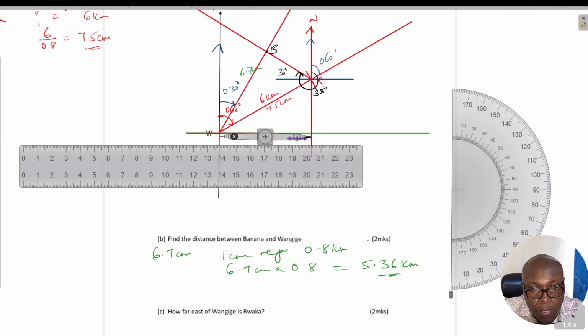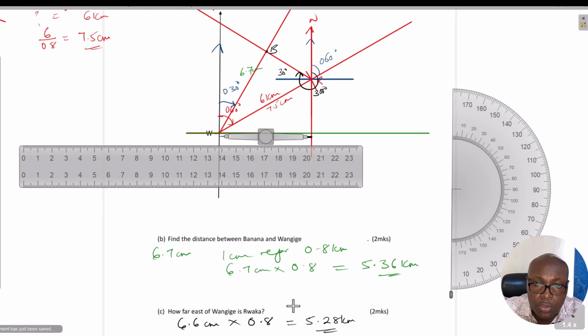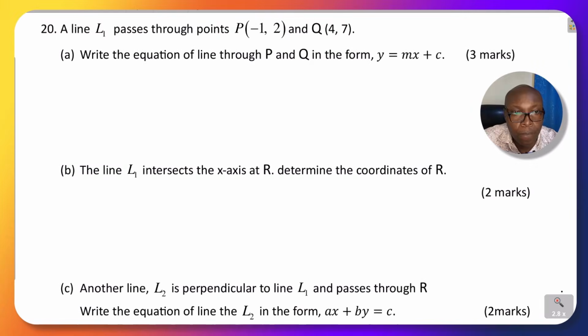You can see the distance is approximately 6.6 centimeters. Then convert that to kilometers by multiplying by the scale given, 0.8. So 6.6 times 0.8 gives 5.28 kilometers, and that is simply how you're supposed to solve that question.